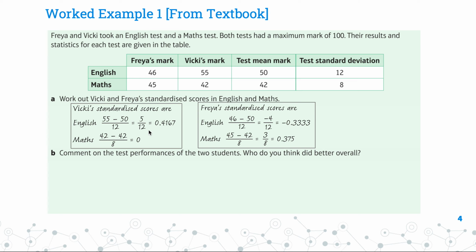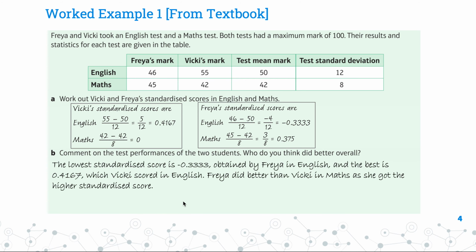So, we can see that actually Vicky's done better in English, but Freya's done better in maths. However, Vicky's English score was a lot better than Freya's. Her maths score was worse, but not that much worse. Okay, so something along these lines would suit. I mean, this is the explanation from the textbook, so this is clearly the sort of thing they're after.